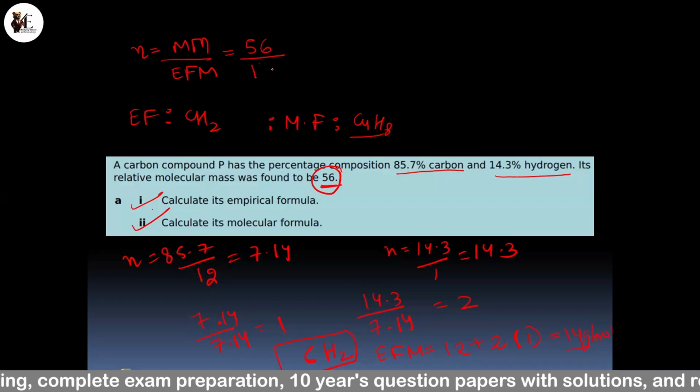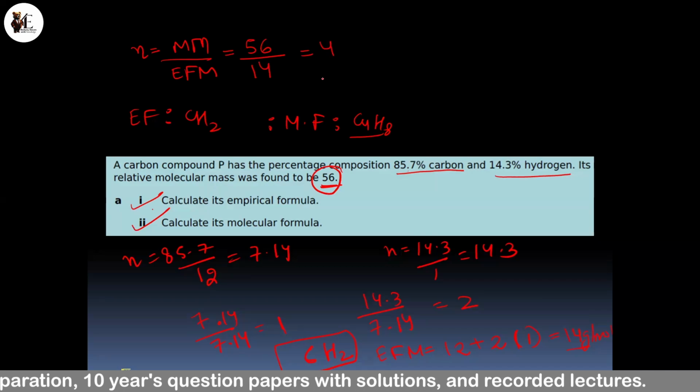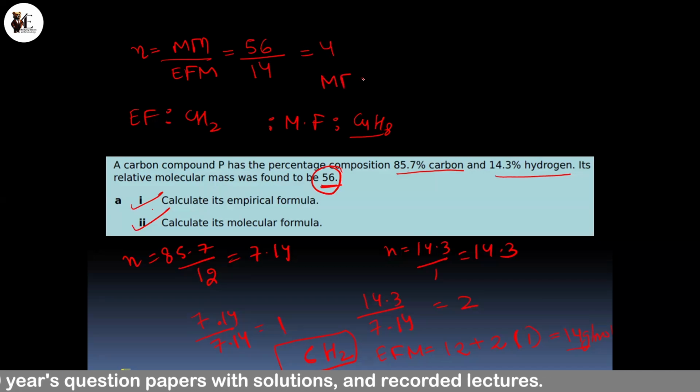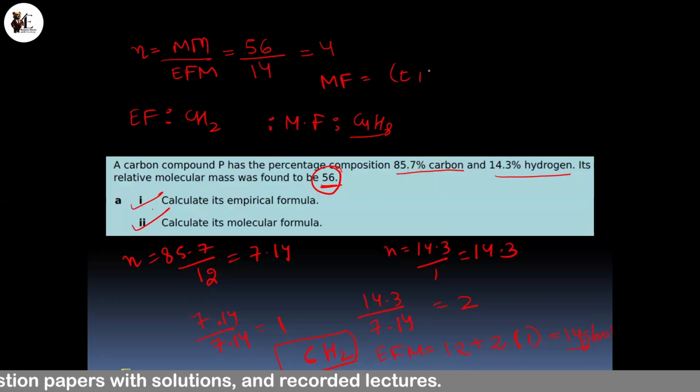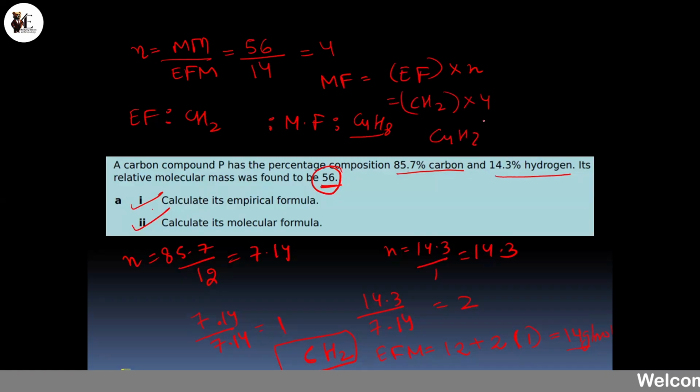So 56 divided by 14 is equal to 4. Then the molecular formula is equal to the empirical formula multiplied by n. The empirical formula is CH2, and you multiply it by 4. So it comes out to be C4H8. Yes. So it is also correct. The empirical formula is correct and the molecular formula is also correct.